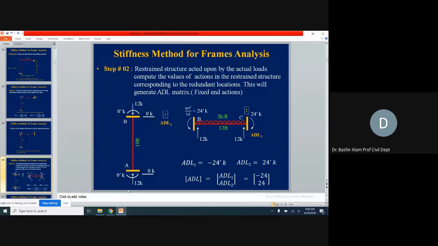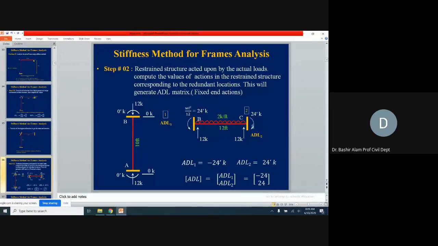Now this 12 and 12 is coming from where? We need to look for these numbers now because this member was not having any force, but now axial forces we have 12 kip. So from where those are coming, we will discuss this in a while. Coming to the BC member now, 2 kip per foot was the load intensity, UDL. And then 12 feet is the distance now.